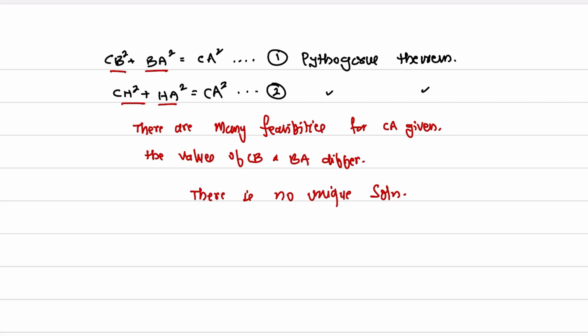Then in that case, the values of the sides differ for the same angle of 90 degrees. That's what we have proved. And with this, I conclude this class, and best of luck to everybody.